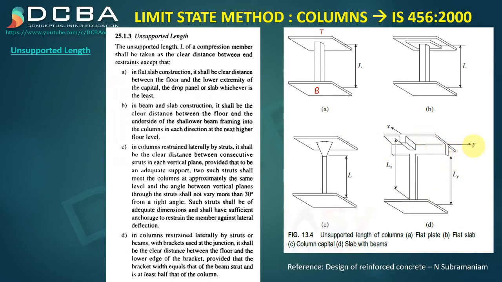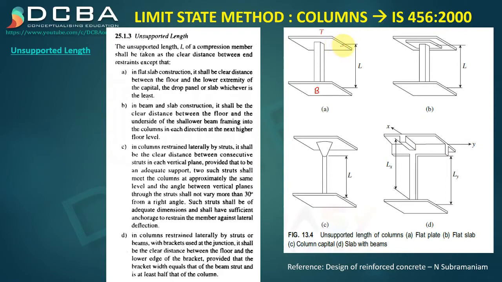First you can see this is the y direction, this is the x direction. So in the y direction the beam is much deeper as compared to the x direction beam. So the unsupported length is from the top edge of this bottom slab till the soffit of the beam. The bottom part of the beam is called the soffit of the beam, or the bottom of anything.